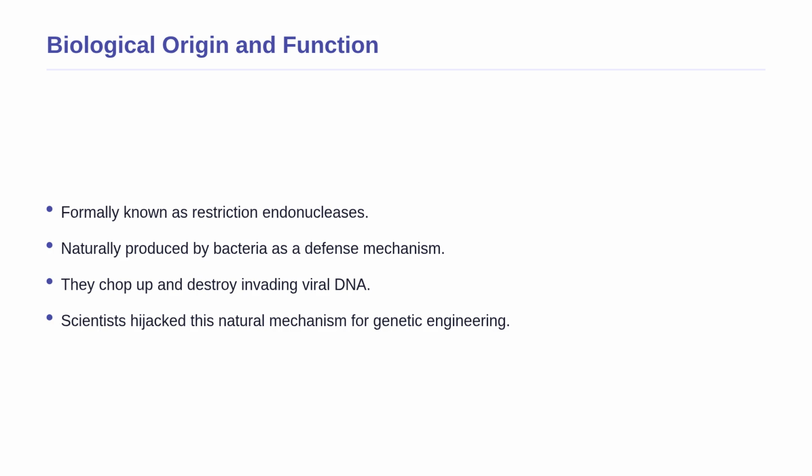When a virus attacks a bacterium and injects its viral DNA, the restriction enzymes act like a security force, chopping up and destroying the invading viral DNA before it can take over. Scientists have successfully hijacked this natural bacterial defense system, repurposing it to cut DNA exactly where we want it for genetic engineering.